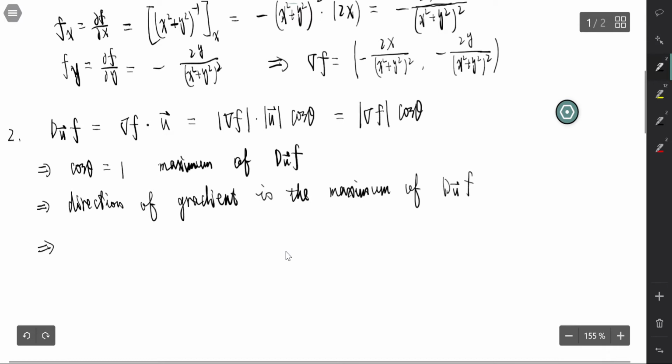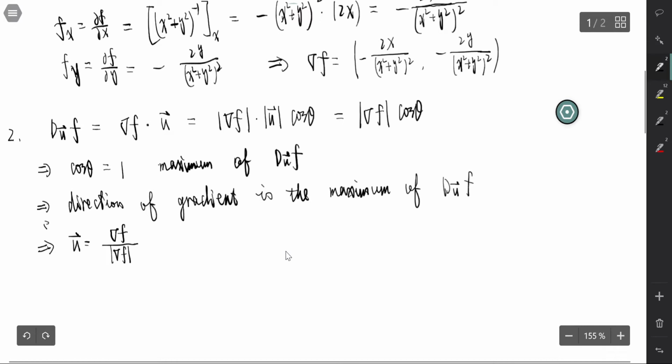The unit vector in the direction of the gradient gives the maximum.